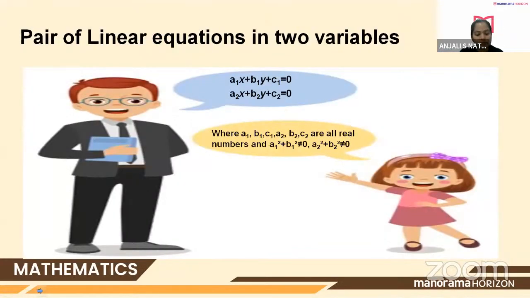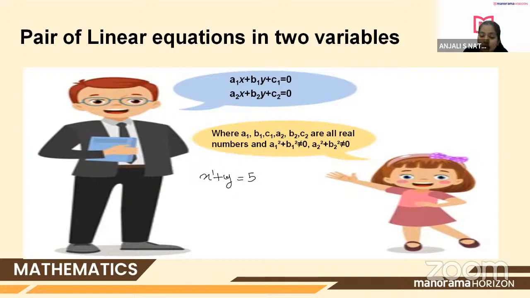So first, what is a linear equation? If we take an example, x plus y is equal to 5. How do we understand this is a linear equation? What is the power of x here? That is 1.